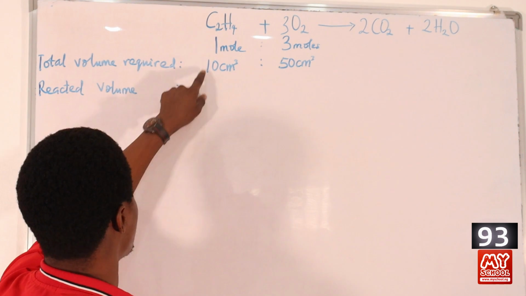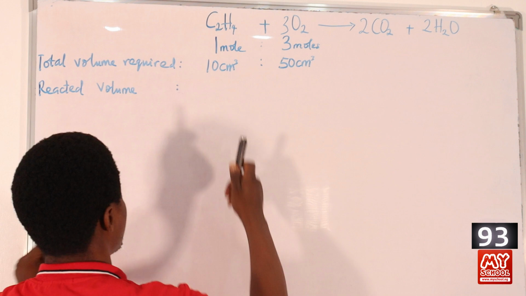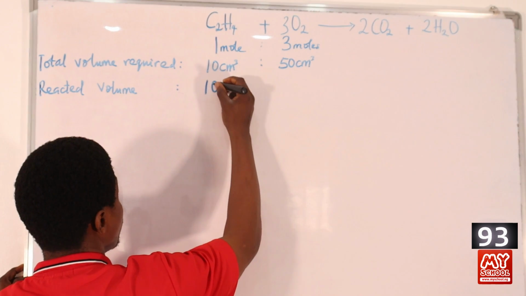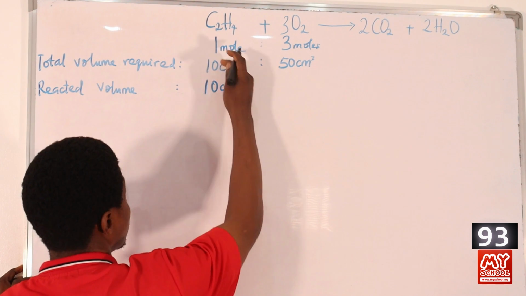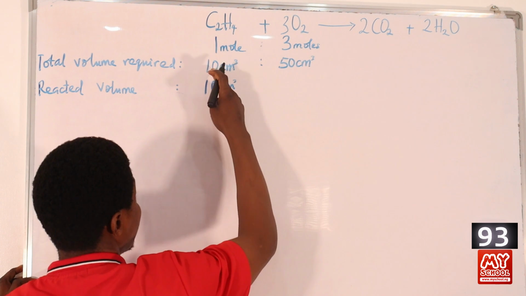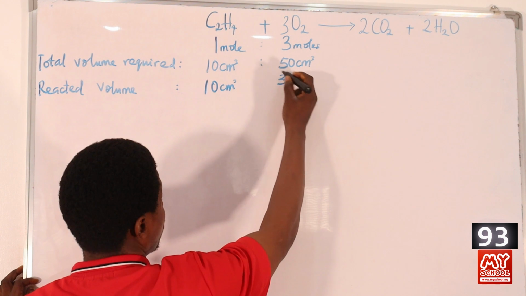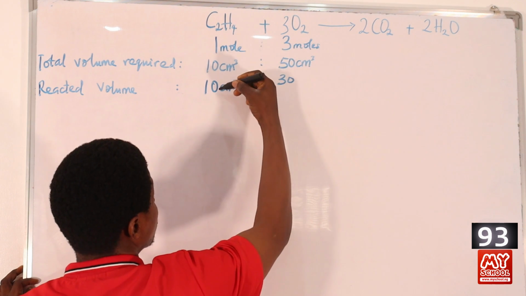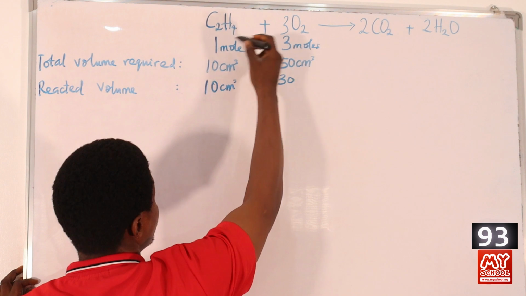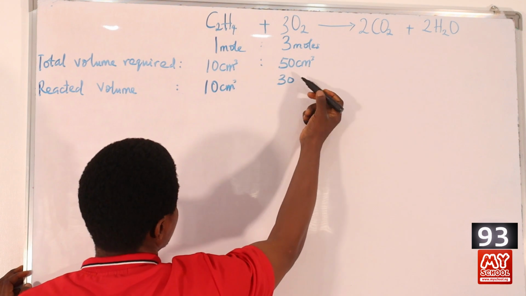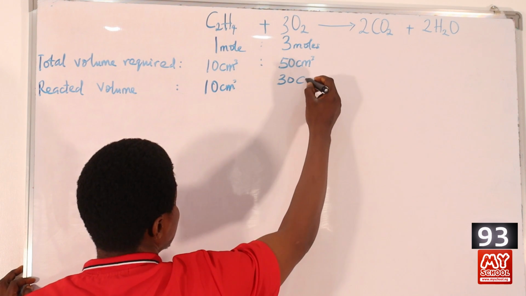We already know that the volume of ethane is 10 cm3. So if the volume is 10 cm3 in ratio 1:3, and here is 10 already, what will this be? Of course, it's going to be 30, because it is in ratio 1:3, so we just multiply by 3. If 1 gives 3, then 10 will give x. So 10 times 3 will give us 30 cm3.